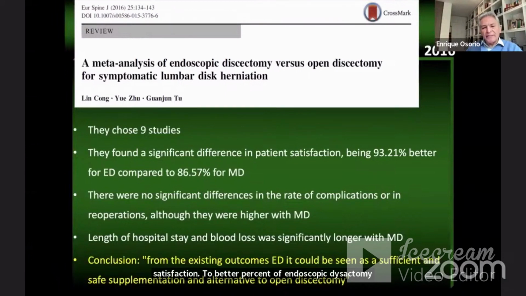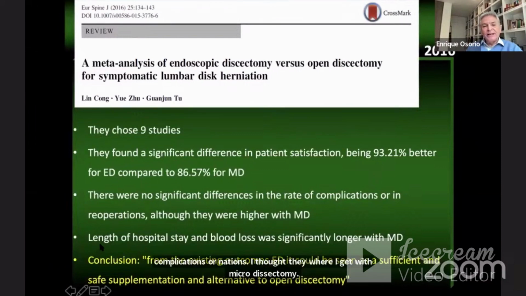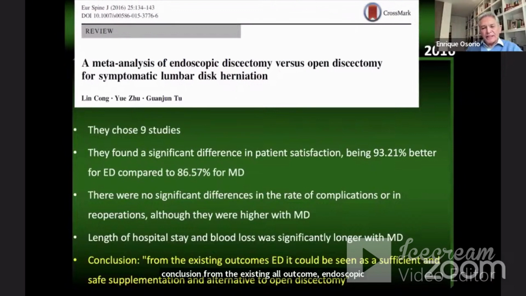There were no significant differences in rate of complications or in reoperations, although they were higher with microdiscectomy. Length of hospital stay and blood loss were significantly longer with microdiscectomy. The conclusion from the existing outcomes is that endoscopic discectomy could be seen as a sufficient and safe supplementation, an alternative to open discectomy.